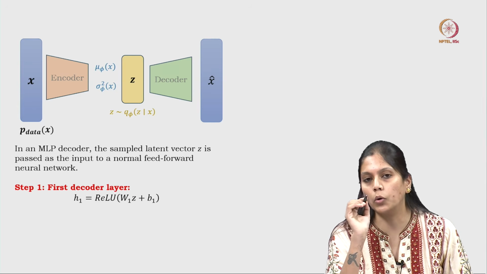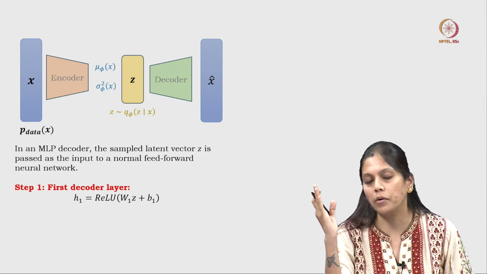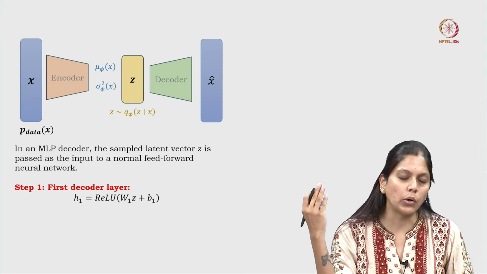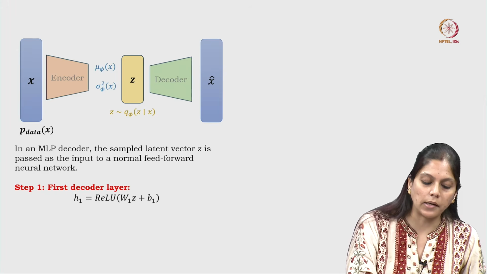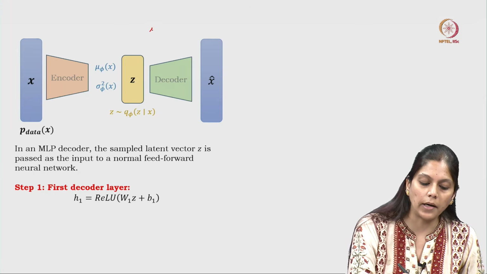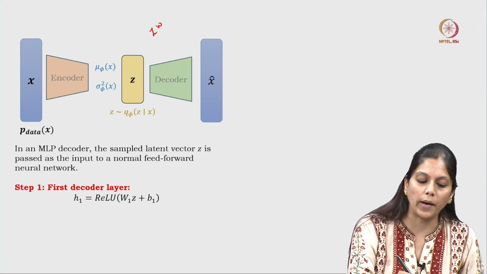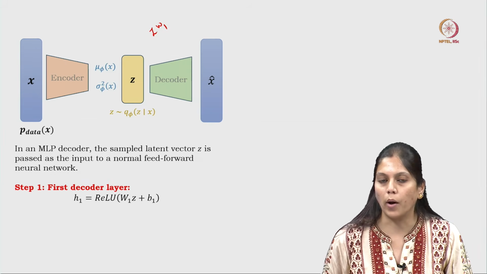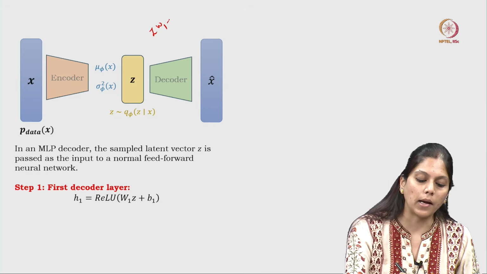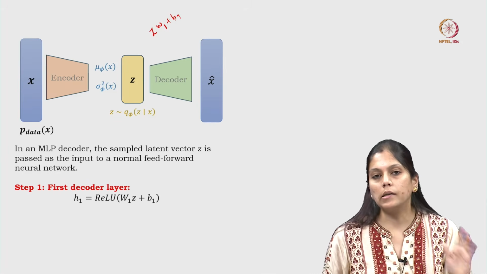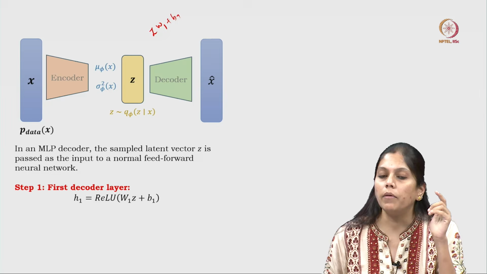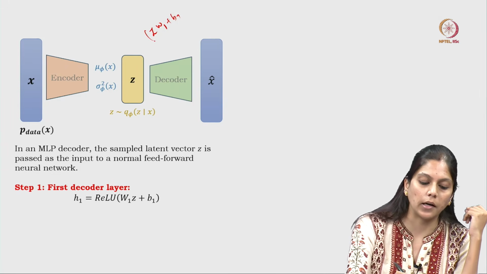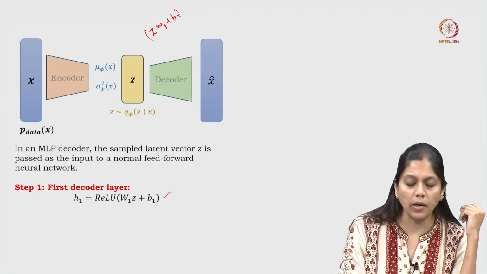First, Z is passed to the first hidden layer, which we denote as H1. How do we perform this? Z is passed as an input, therefore Z gets multiplied with the weights. Let us assume those weights are denoted by W1, and you will be adding the bias term B1. And since it is a hidden layer, we will also be using an activation function, and that activation function here is ReLU. So that is what has been written here.